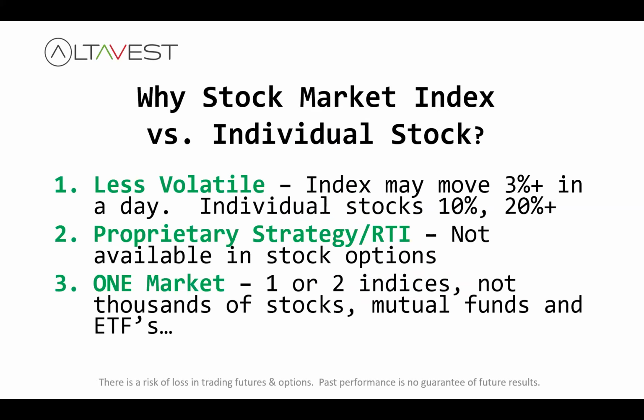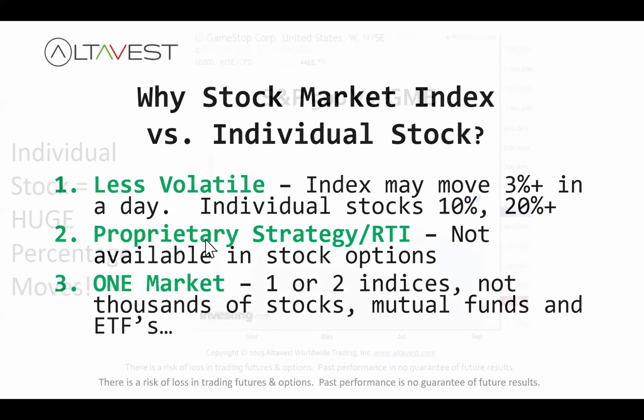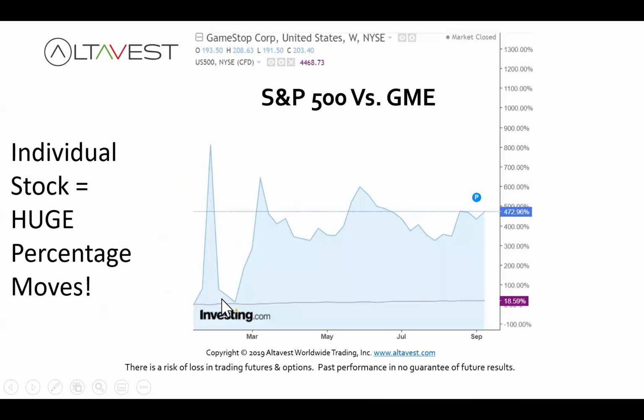And here's a kind of extreme example of the volatility argument, but here's GameStop. You can see the blue chart here. Look at the volatility, and here's the S&P 500 in comparison. So GameStop is so volatile, it makes the S&P 500 look like a flat line. That's a bit of hyperbole in that example, but you get the idea.